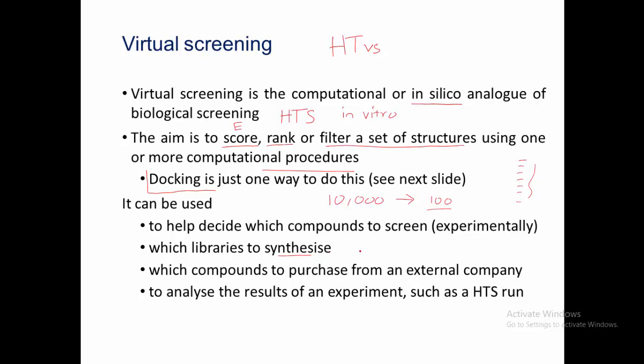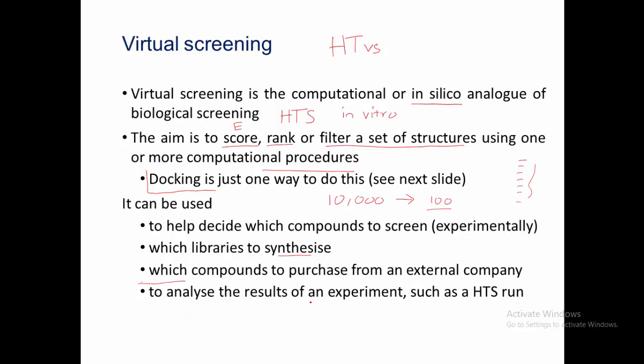Then you can test them experimentally. And which compounds to purchase from an external company? That is what I have said now: from these compounds, you can select the ones that you can purchase from the market.